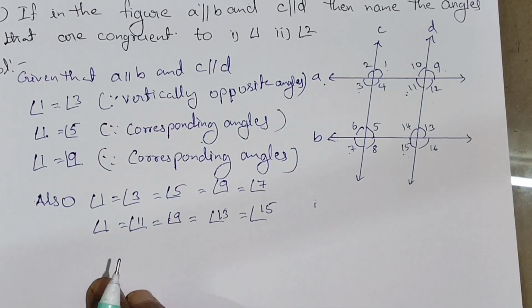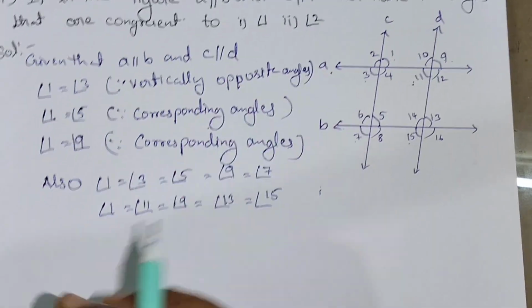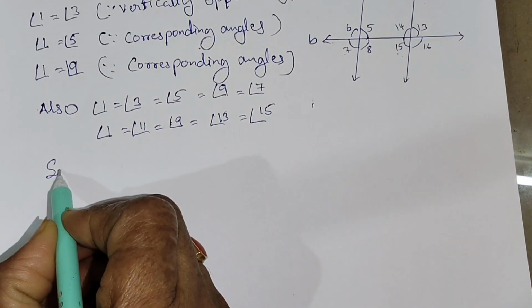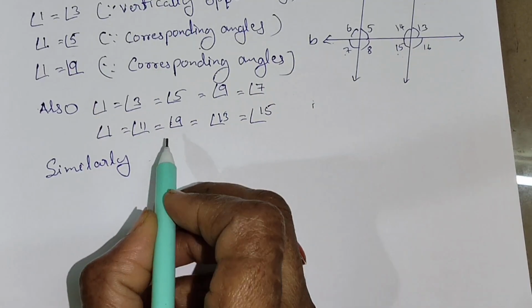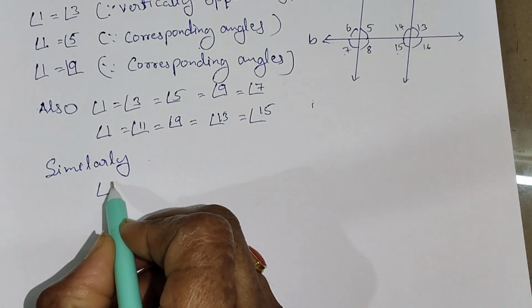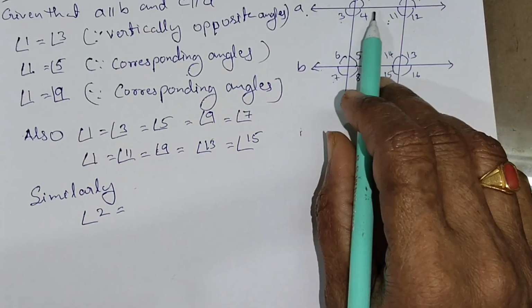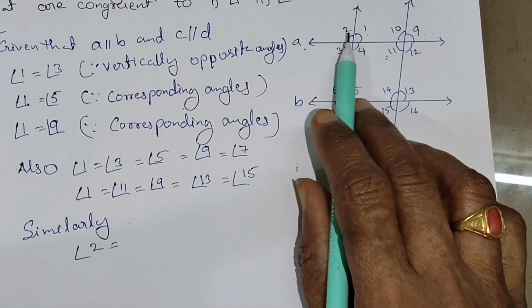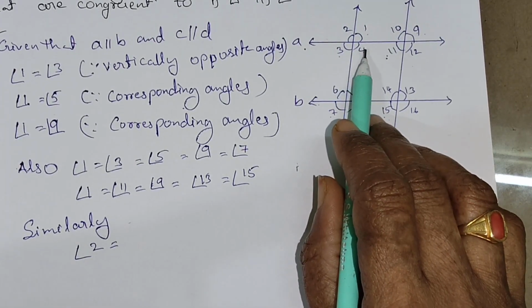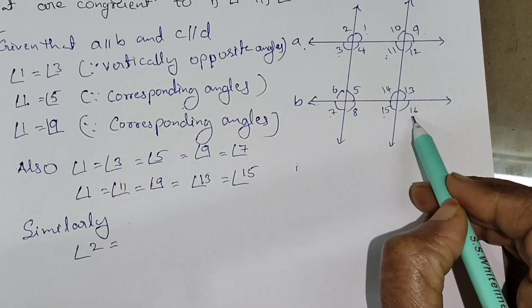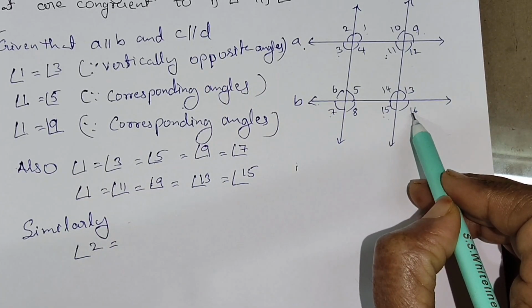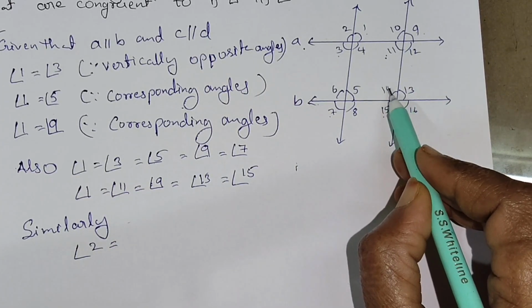So similarly we write angle 2 equal to angle 4. These two are the vertically opposite angles. 4 equal to 12. Next 12 equal to 16, equal to 14.